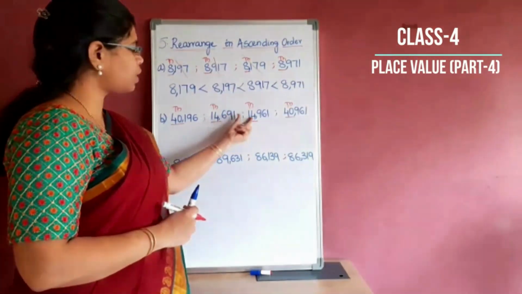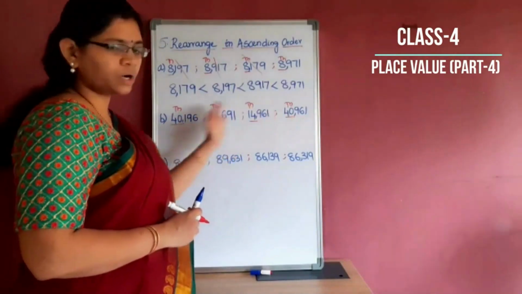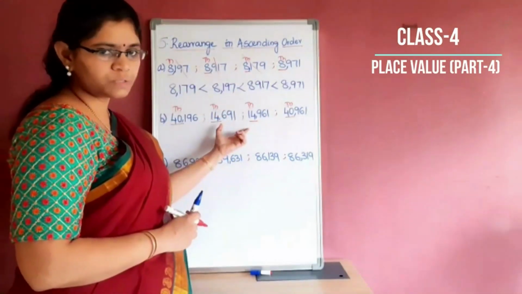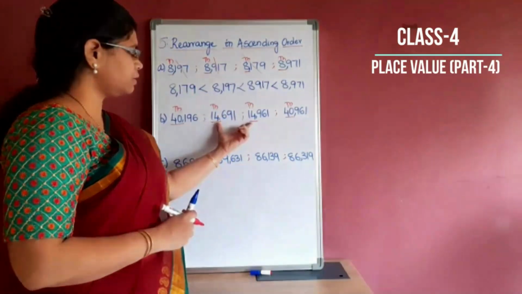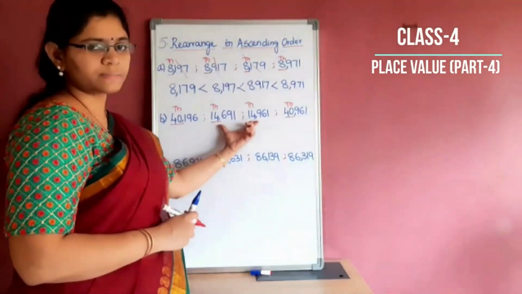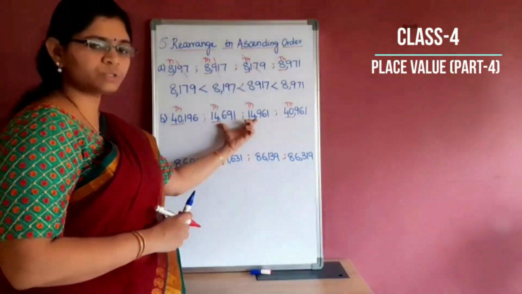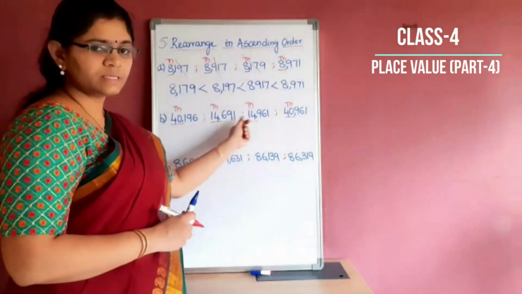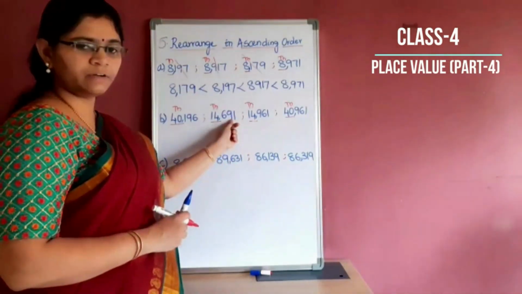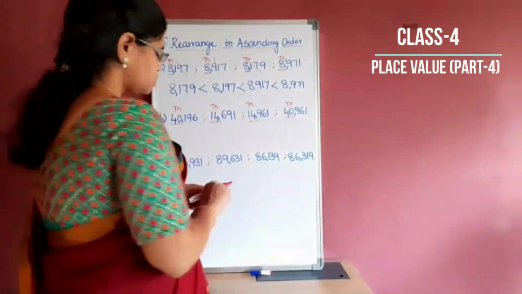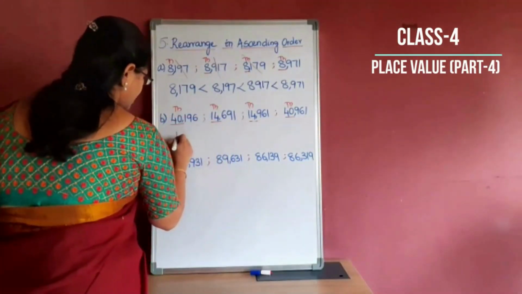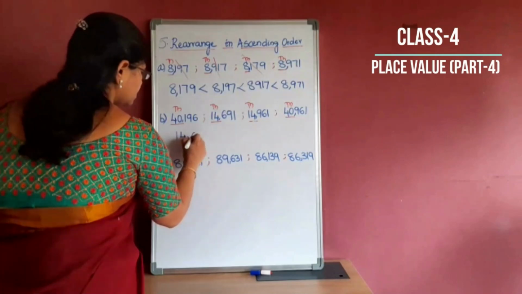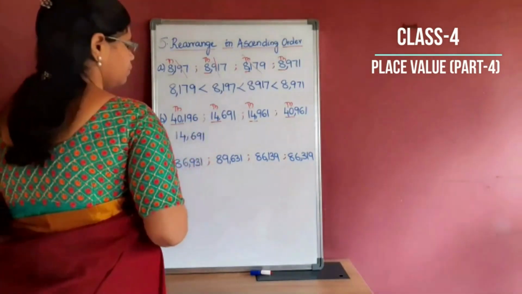So which is smaller, 14 or 40? 14 is smaller, but in 14 we have two numbers. Out of these two numbers, which is smaller, children? 600 or 900? 691 is the smaller one. So this I am writing first as 14,691.